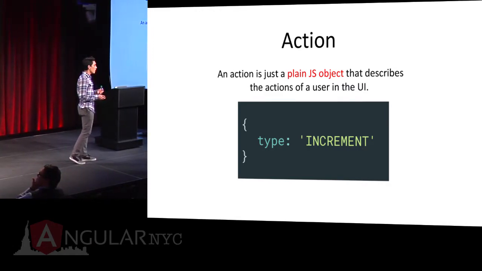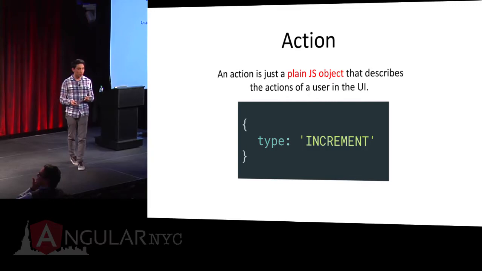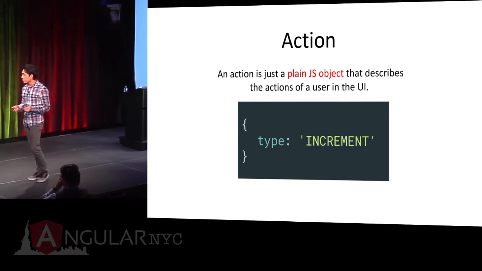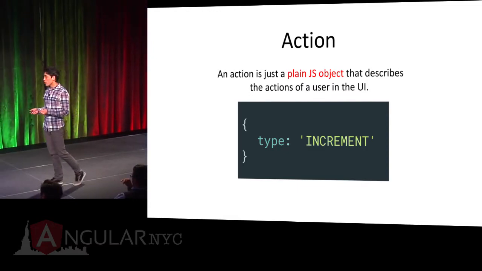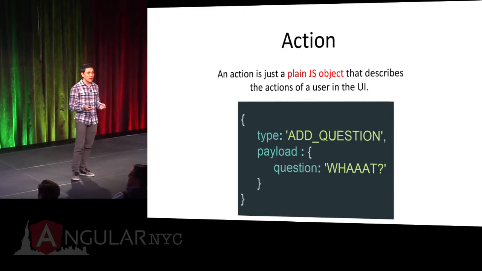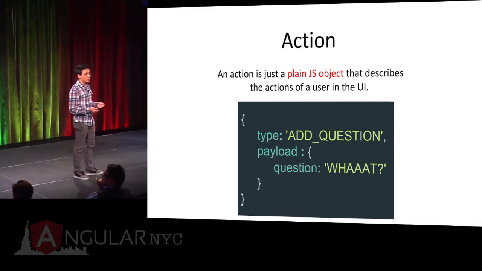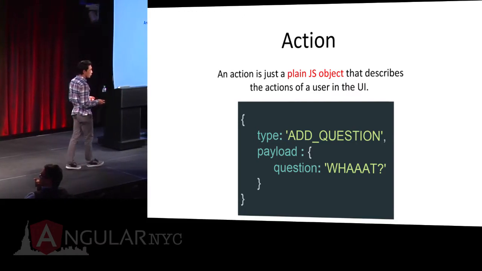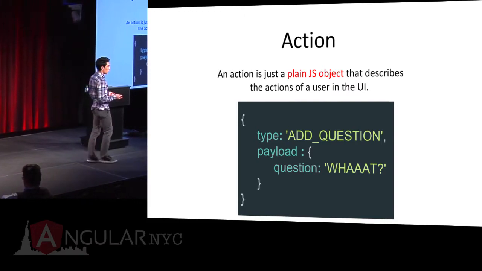So in this case, the type is increment, and we tell the store that we want to increment some kind of value. You can also have more complex actions by passing an optional payload property. So for example, if your action type is add question, you can pass the actual question.